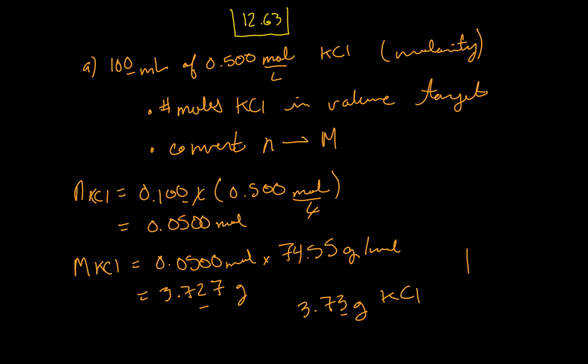We would dump this into a graduated cylinder. It's going to be quite a cylinder here. We put this in there, and then we just add water until the volume is 100 milliliters. This consumes some volume in itself, so we don't necessarily add 100 milliliters of water, but we add water until it is 100 milliliters.